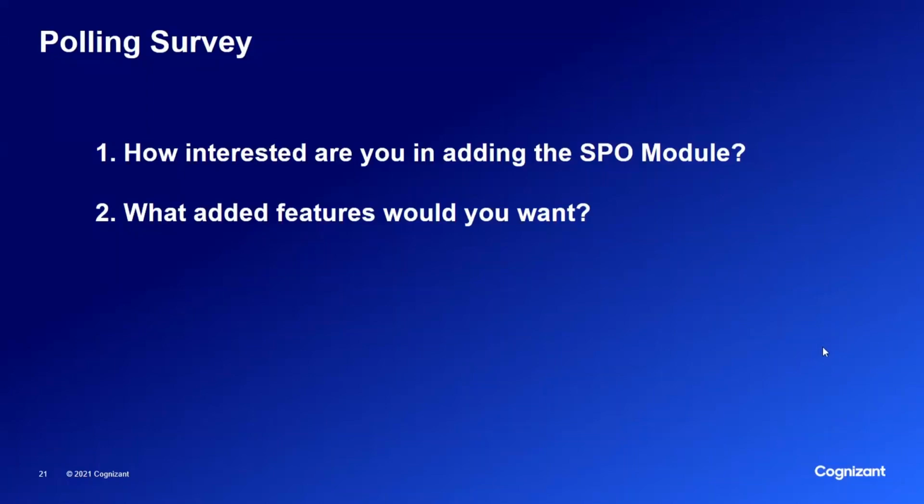All right, Stuart, are you able to pull up the results? I think it's waiting a few more seconds for people to add theirs. So here are the results. For question 1, we have 9% most interested, 9% somewhat interested, and about 9% not interested.